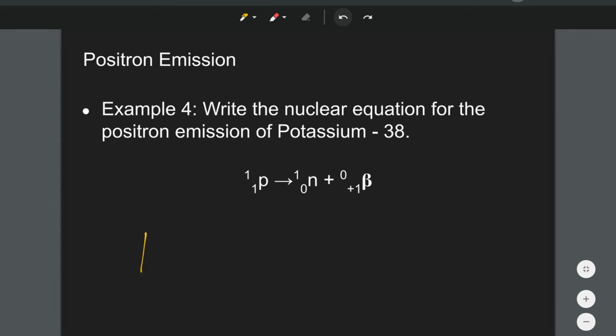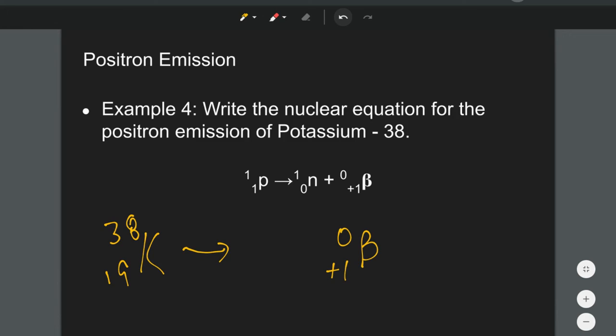The potassium symbol is K, and it's element number 19 on the periodic table, and the problem says it has a mass of 38. If it's going to give off a positron, that is an electron in a nuclear reaction where we use the Greek letter beta, so it's a 0, plus 1 charge.